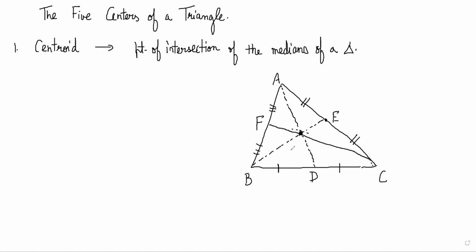Now this point, which is the point of intersection of these three medians, AD, BE, and CF, is known as G, and that is our centroid, right?